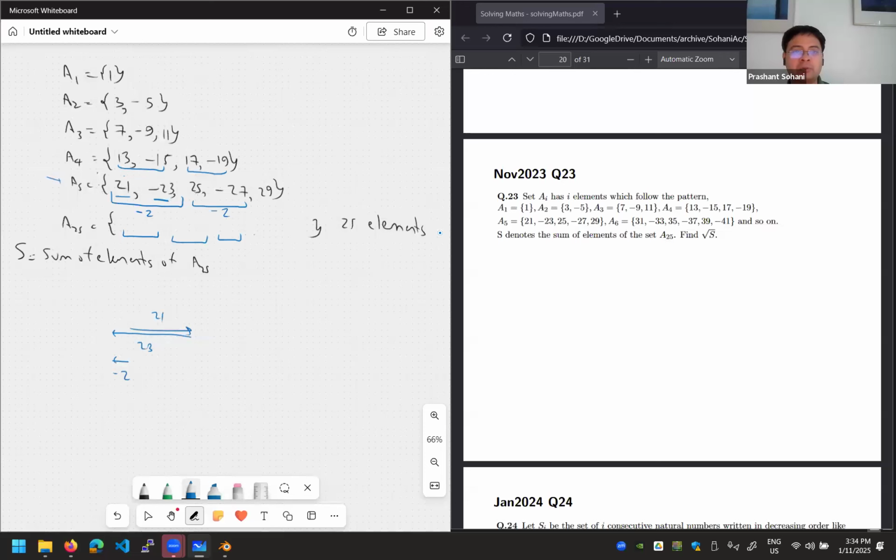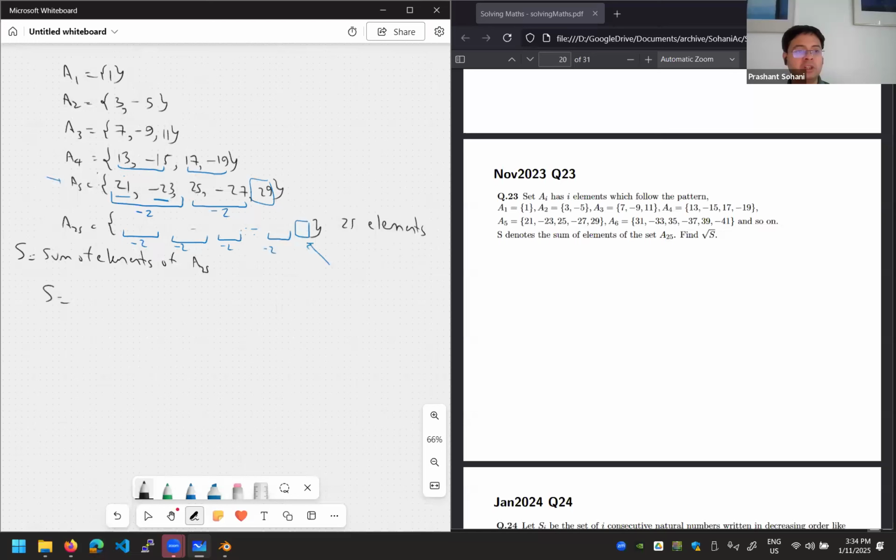So in my 25 elements, how many such pairs will I have in total? I'll have 12 pairs whose answer is minus 2, and then one last element will be remaining which doesn't have any pair. Like for A5, the last term did not have any pair, but before that everything got paired up. So the sum S which I am interested in, I don't even need to find all the first terms because they just cancel each other.